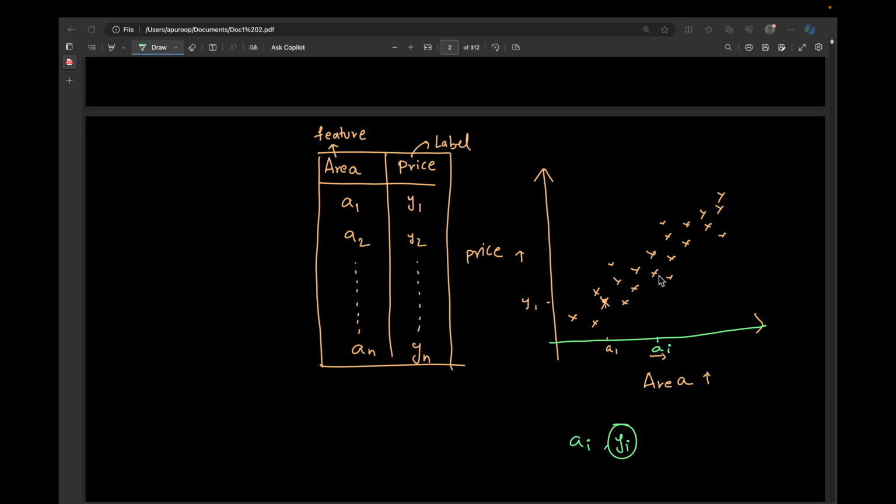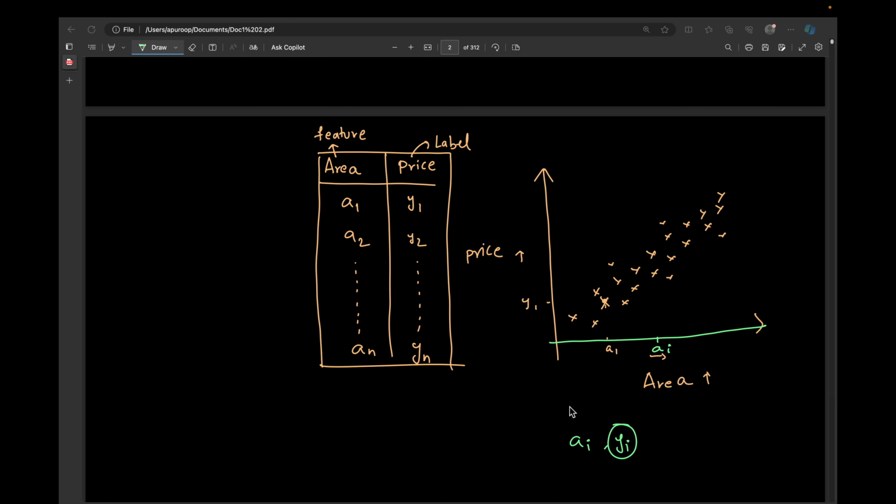So if humans are given such a thing, how will a human find out the answer? So just think of it for some time. If I'm given some A and also I'm having some previous data, then what I'll do, most probably, by observing the previous data, I'll think that for this area, this might be the price. I'll be getting some understanding, right?